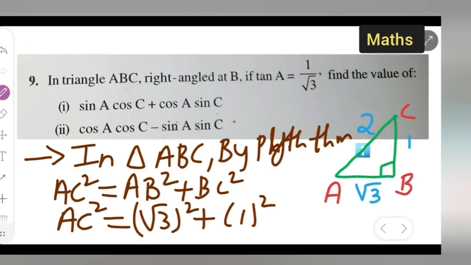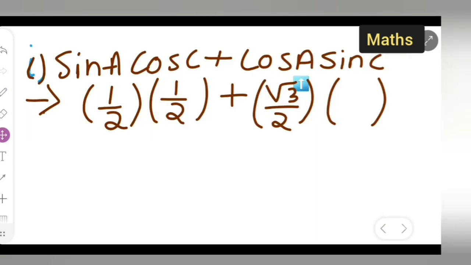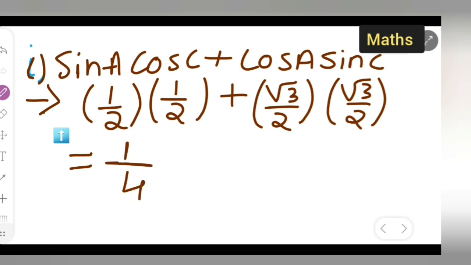Again sin C we have. Sin C is what? Opposite, so this will be root 3 upon 2. Now you will have to multiply. You will get 1 upon 4, because we are multiplying 2 and 2.